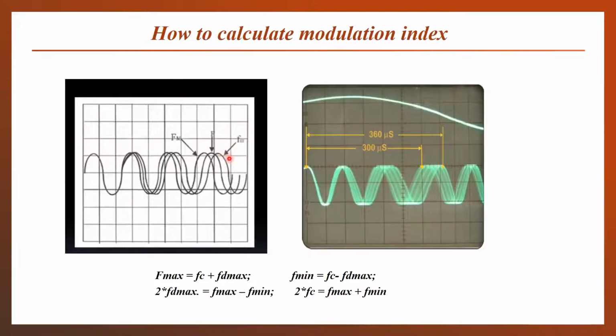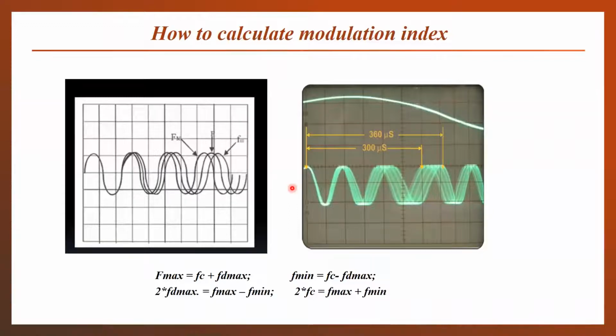But why this? Because the time period of this cycle is highest. The higher the time period, the lower the frequency. So the lowest transmitted frequency will be here, and the highest transmitted frequency will be observed at the left side. We have to calculate the maximum frequency deviation for our modulation index.